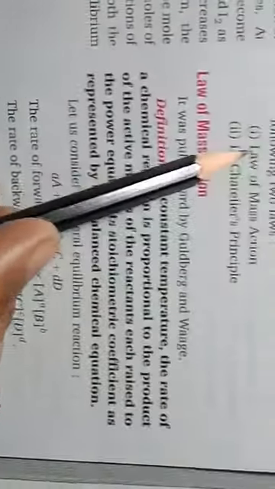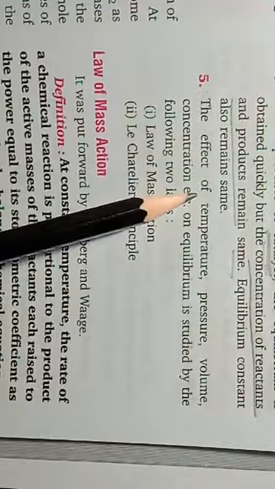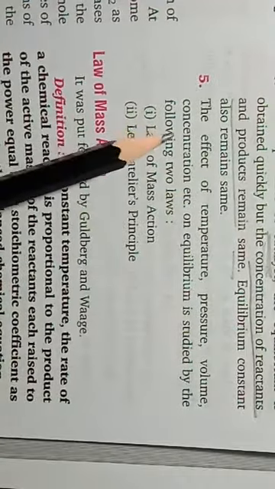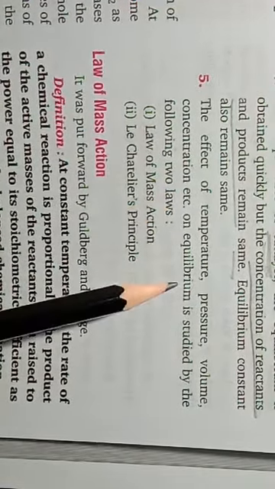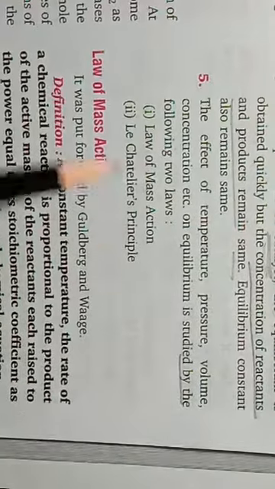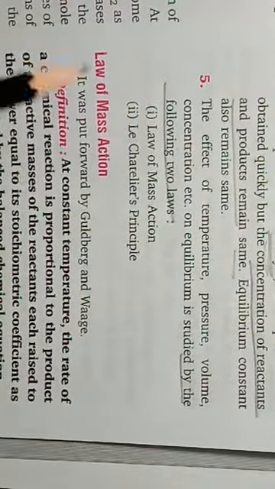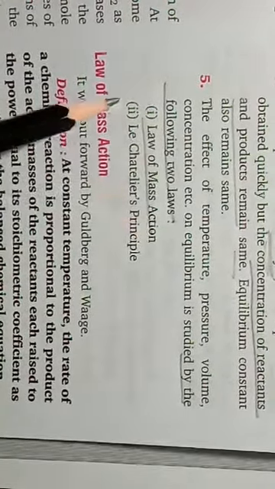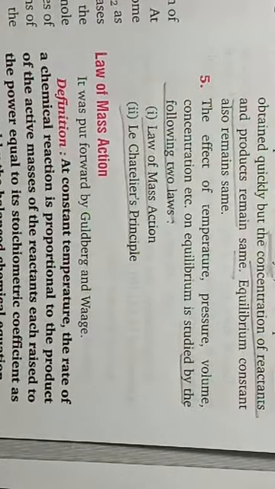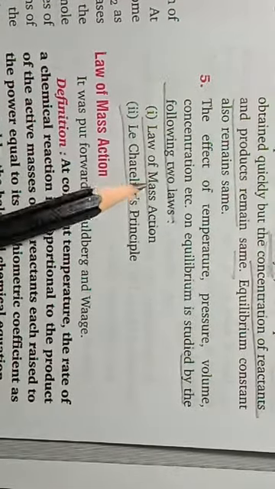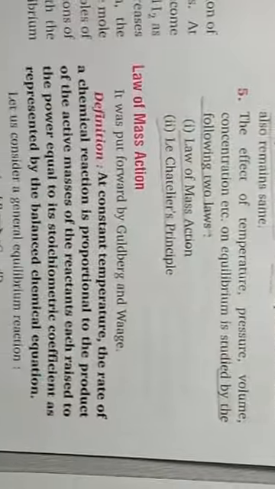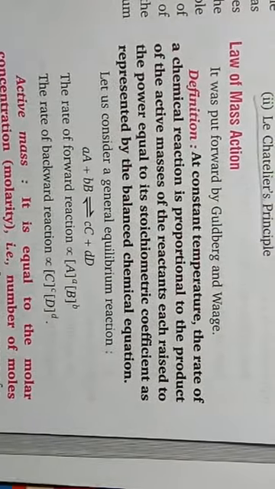Then fifth point, the effect of temperature, pressure, volume, concentration, etc. on equilibrium is studied by the following two laws, and the laws are the law of mass action and Le Chatelier's principle. So these laws we will discuss one by one. First is the law of mass action.